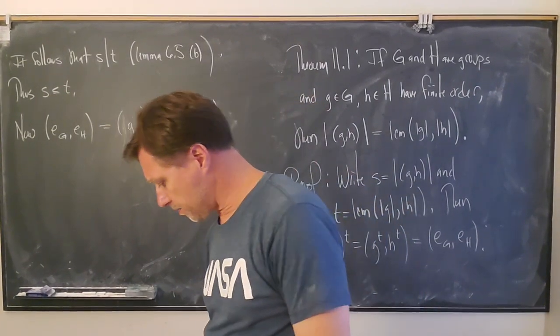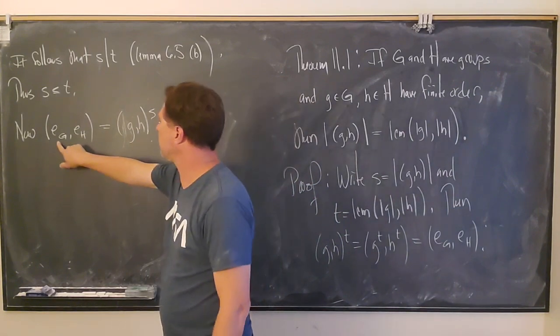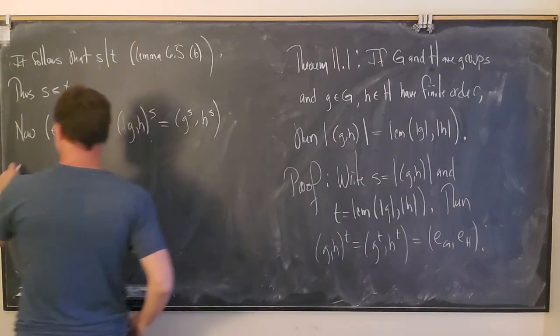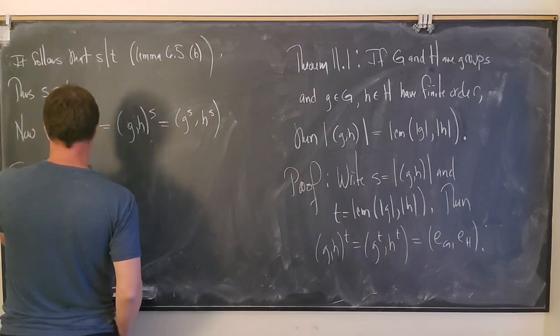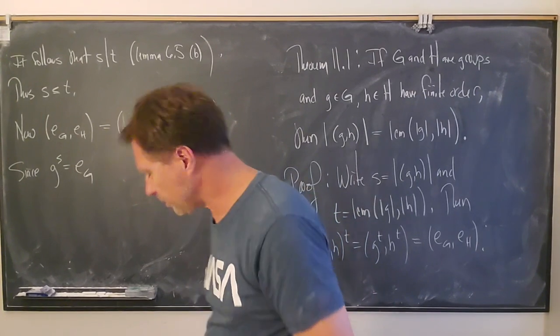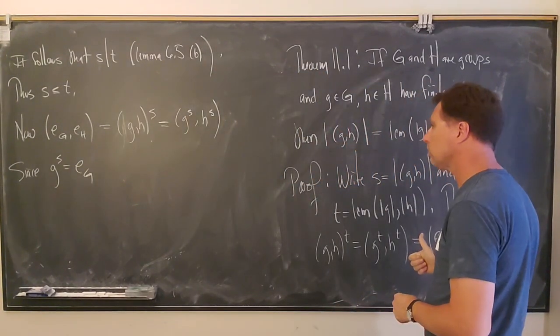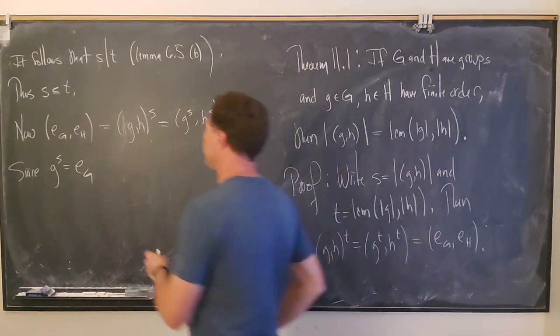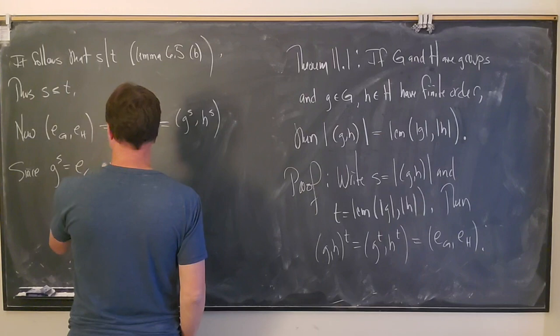And so let's see, since g to the S is equal to e_G, what does that tell us about S? It means that S has to be a multiple of the order of g.